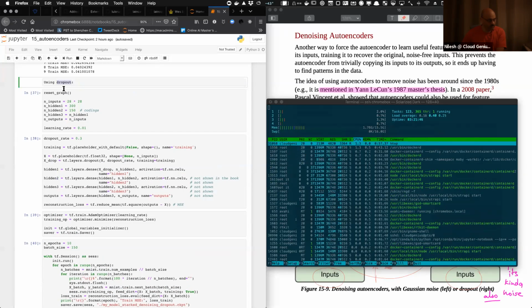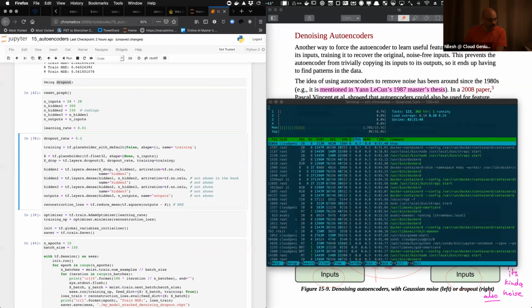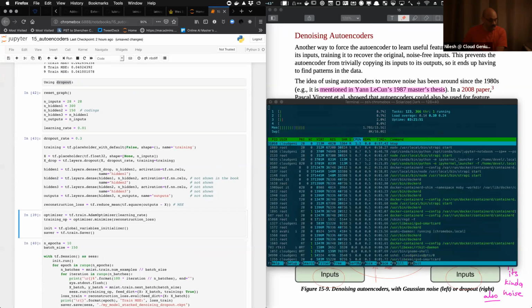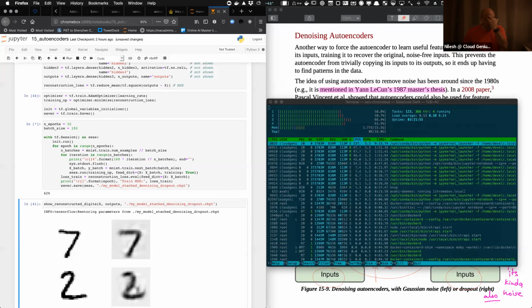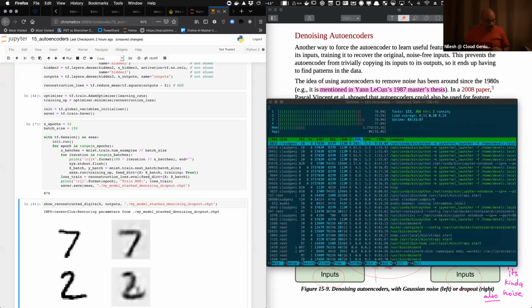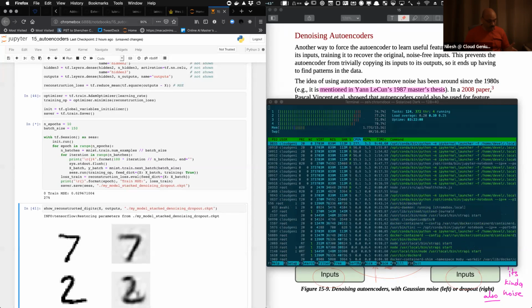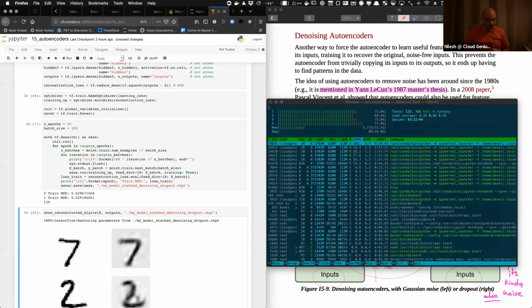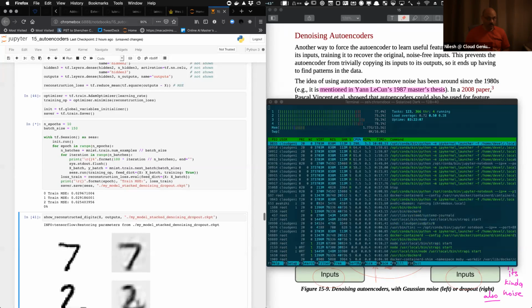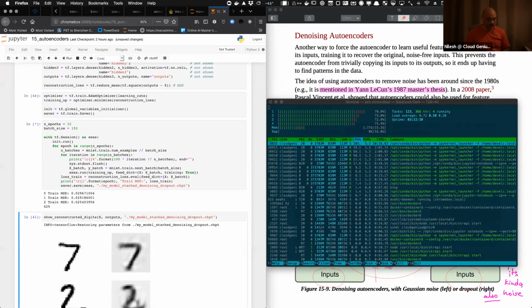So dropout, run to reset the graph, set some variables, initialize, and run. So running is happening. And what you see is that even though you're applying dropout to the input, it is still attempting to match the input in its output.